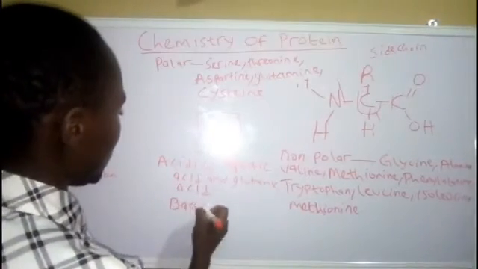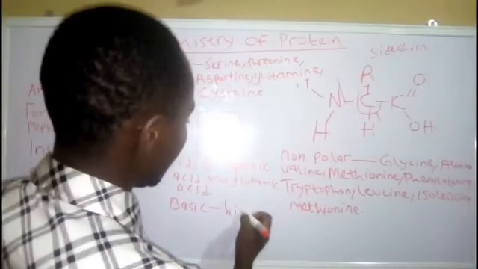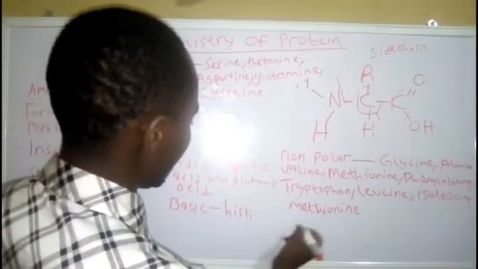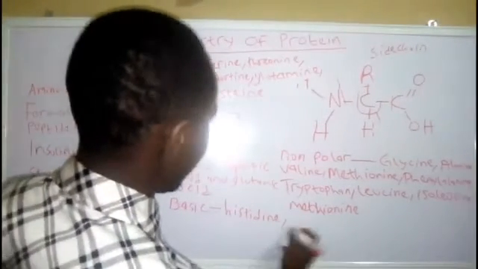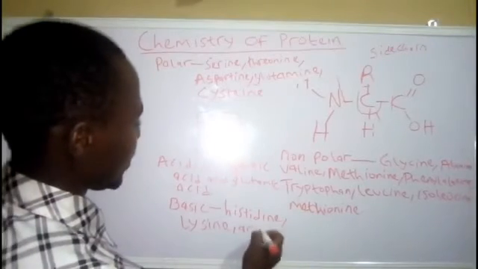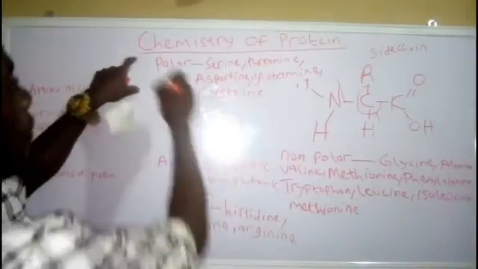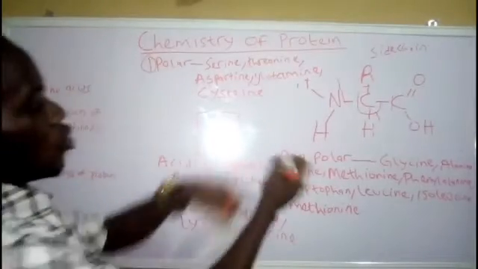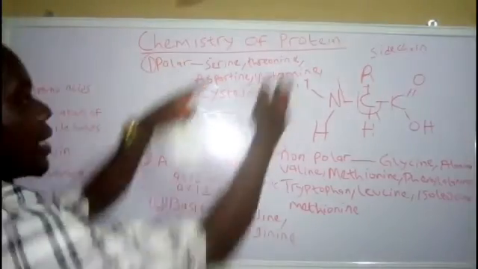Then finally we have the basic amino acids: histidine, lysine, and arginine. So these are all the 20 amino acids we have in the body. This is group 1, group 2, group 3, group 4. So these are the 20 amino acids we have in our body.